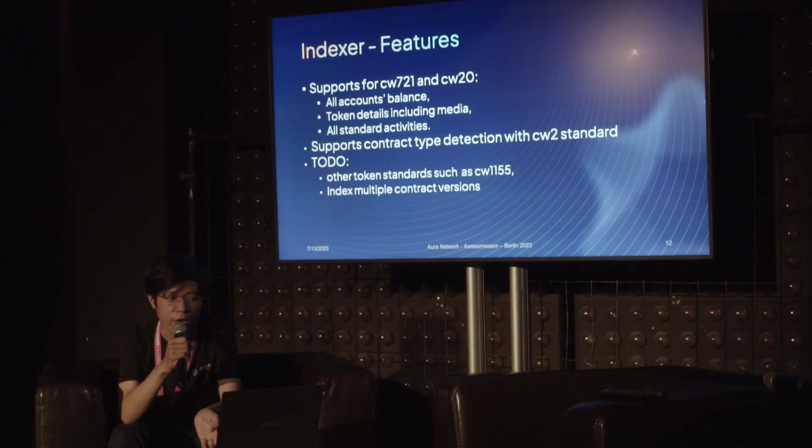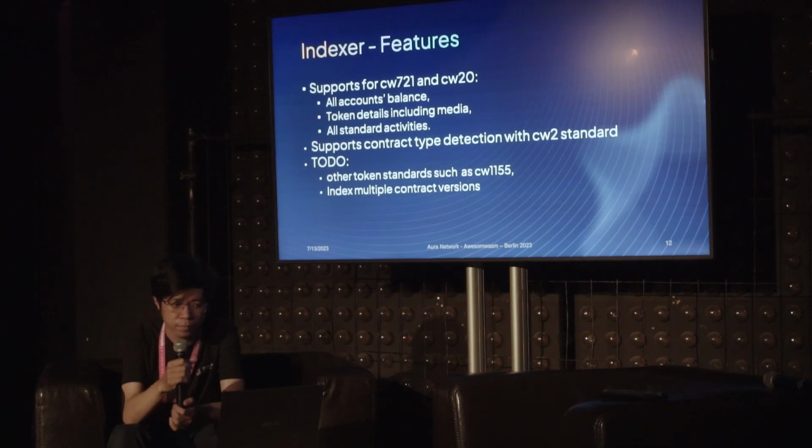For example, we have account balances and we check the token data, such as metadata in CW721. And we also combine them into standard activities related to the token, for example, transfers and such.